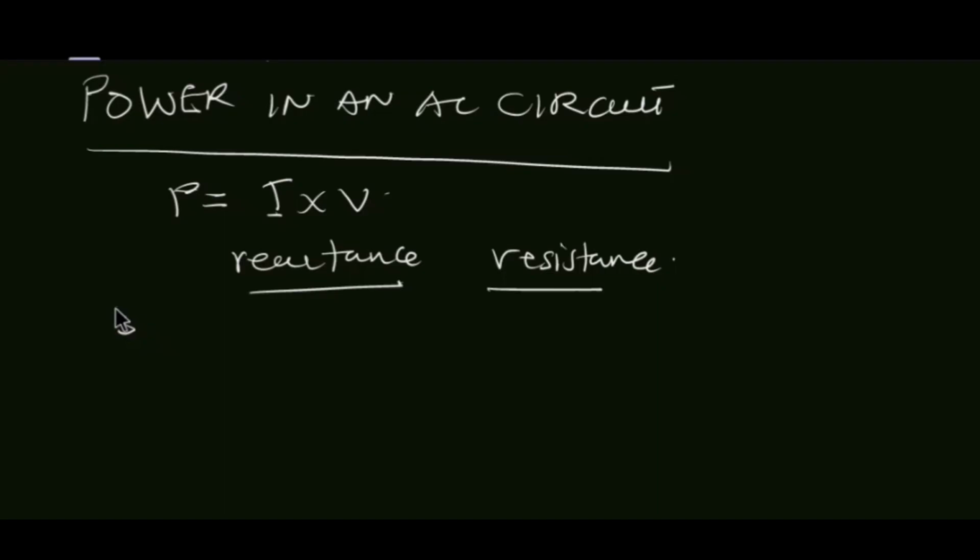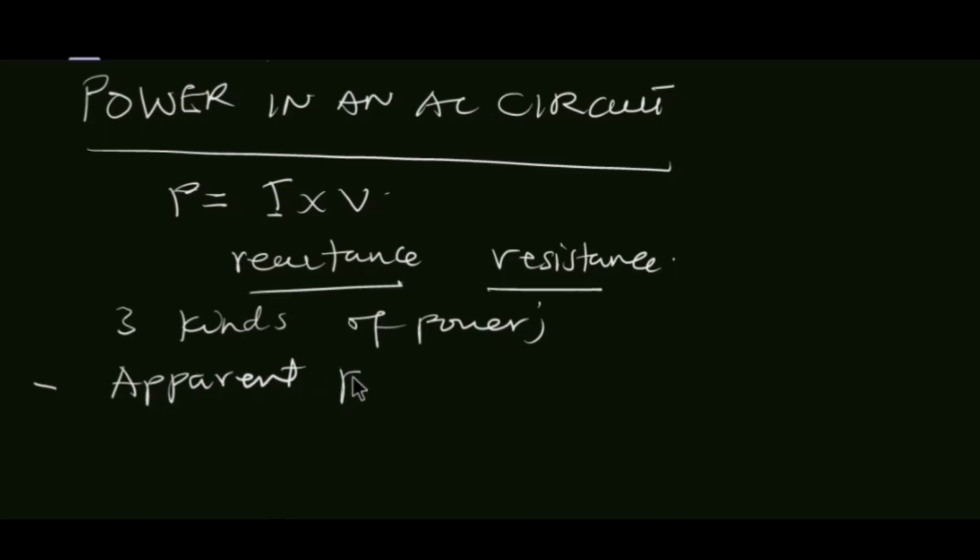So there are three kinds of power in an AC circuit, and they are: you have the apparent power, and it's represented as S. When we say apparent power in an AC circuit, apparent power represents the total power in our AC circuit.